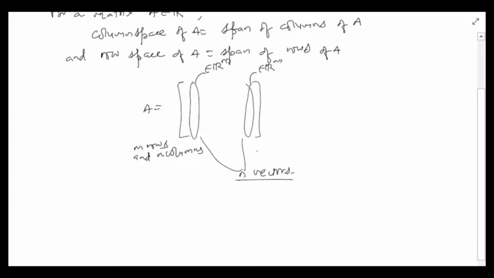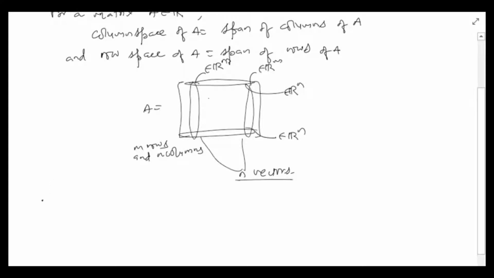The span of all these n vectors is called column space of A. Similarly, if you look at each of the rows, they are vectors in Rn, and there are m such rows. The span of m rows of A is called row space of A.